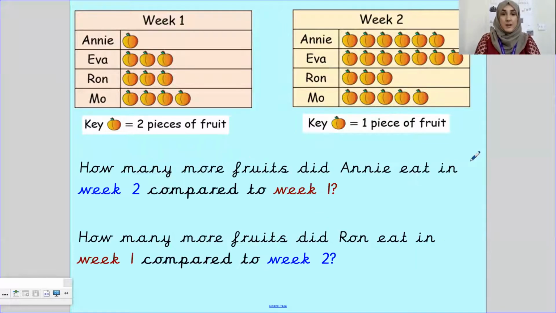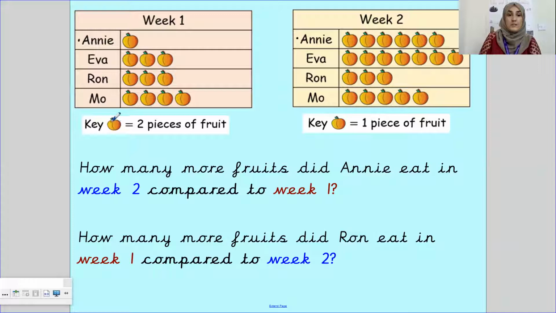Okie dokie. In the following question, we're going to use comparing skills. So how many more fruits did Annie eat in week 2 compared to week 1? So here's Annie. She's the first person in our tables. First, let's see how many fruits she ate in week 1.